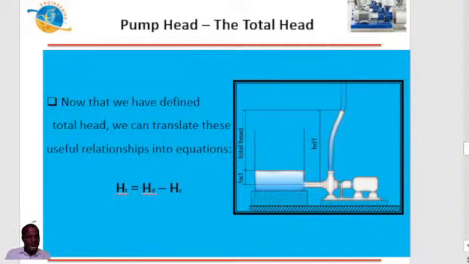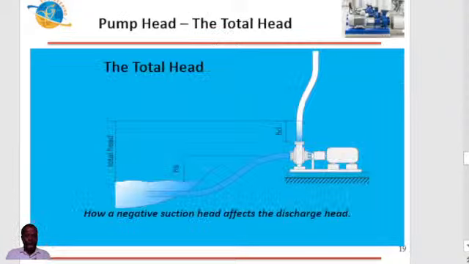Now we have another application where, say, a pump is drawing liquid from a well or from a reservoir. That is a negative suction system. If your pump is drawing liquid from a reservoir, with the same pump, where the level of the liquid is below the pump center line, like you have in this case, that is a negative suction system.